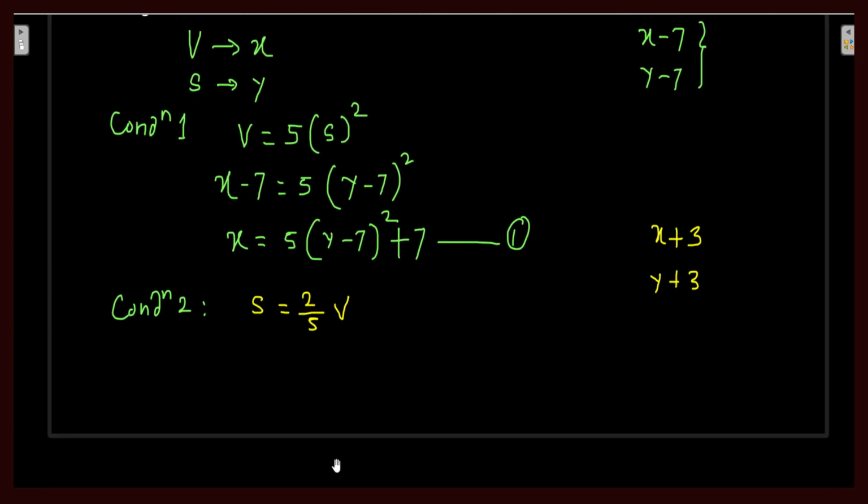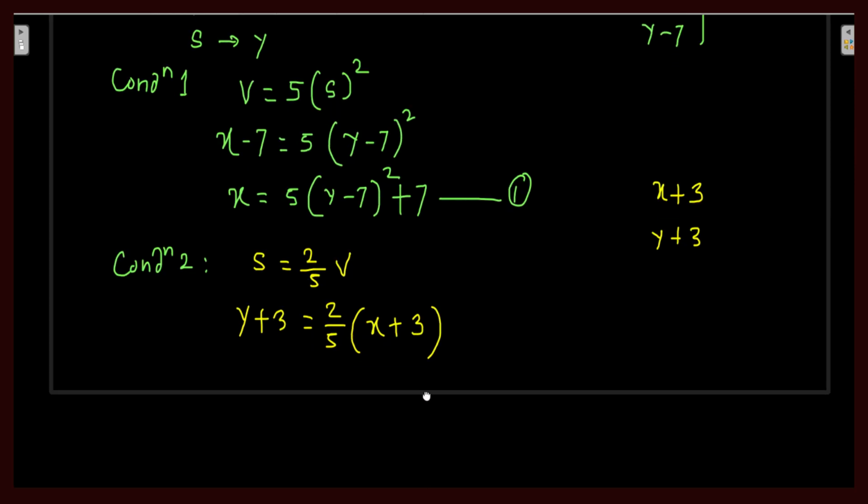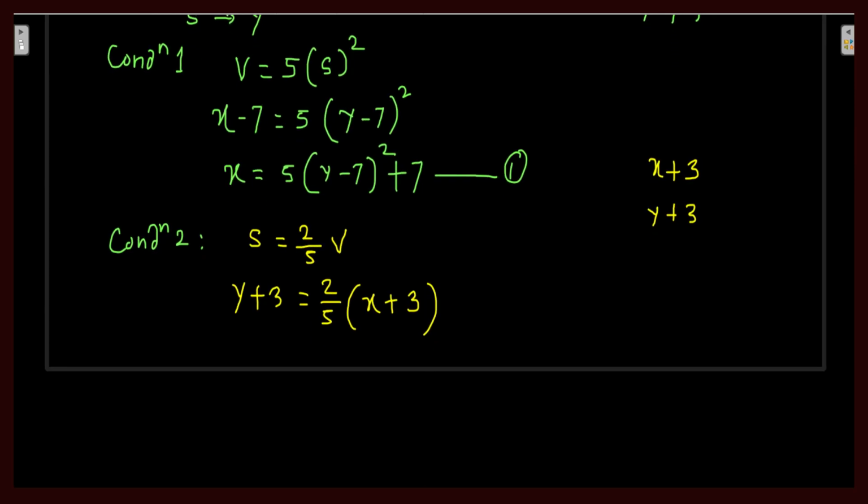Solve this further. So here Swati's age is Y plus 3, which is equal to 2/5 of Varun's age, that is X plus 3. Now here we will put the value of X from equation number 1.